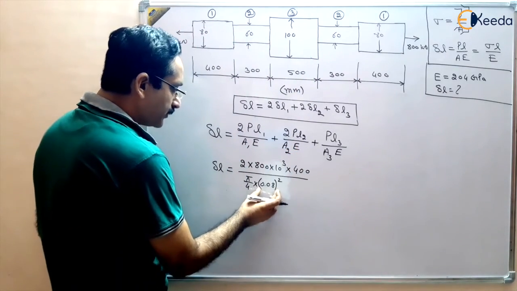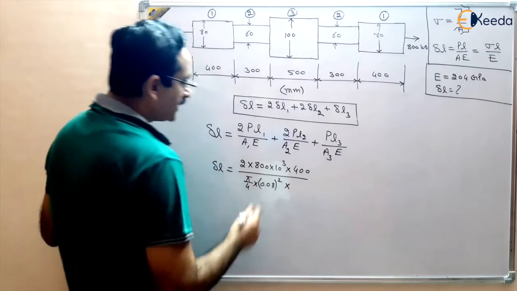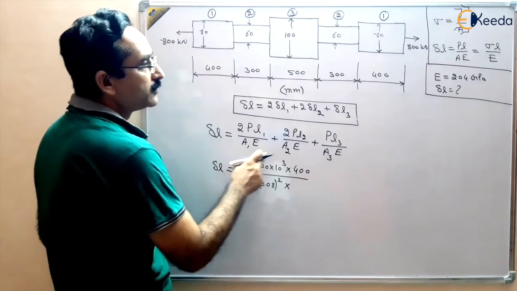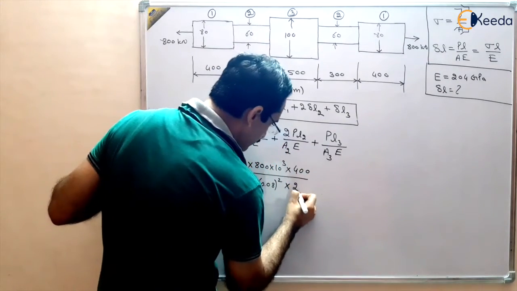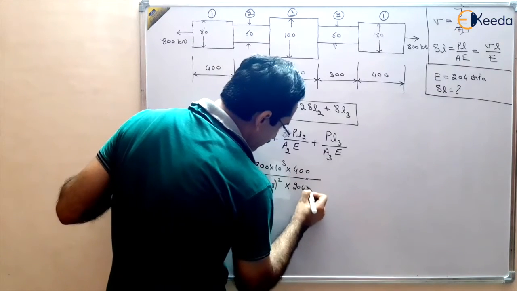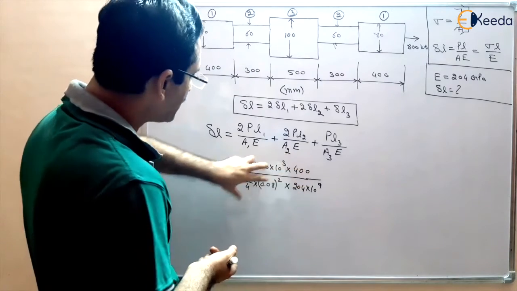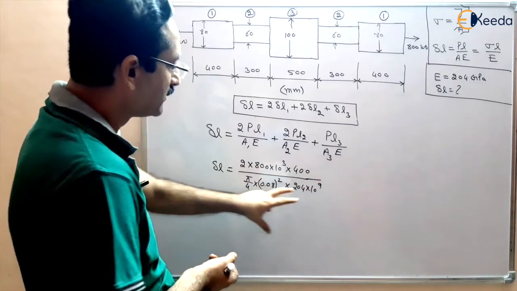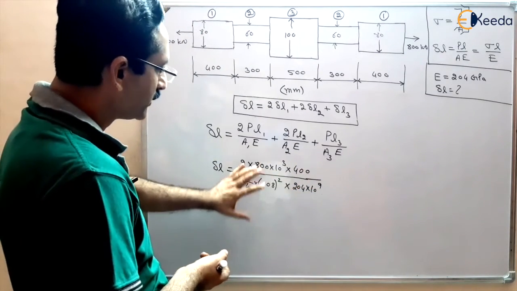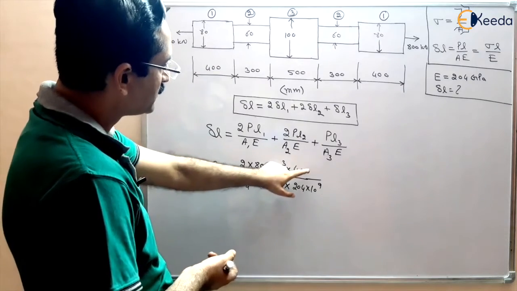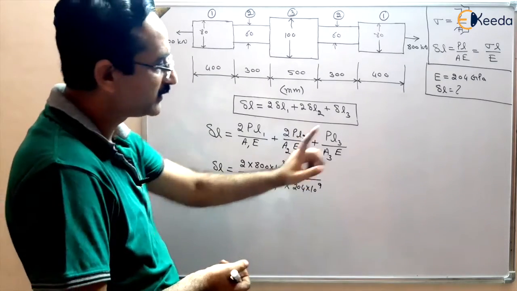And E is also used in pascal: 204 gigapascal, so 204 multiplied by 10 to the power 9. So all the dimensions are in meter, pascal or Newton, and only the length is in millimeter, so the answer will come in millimeter.